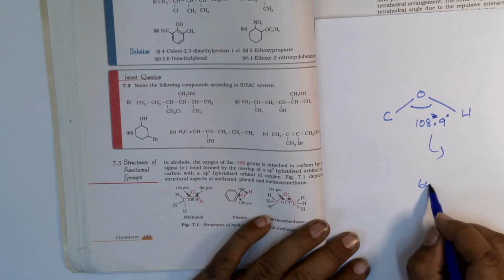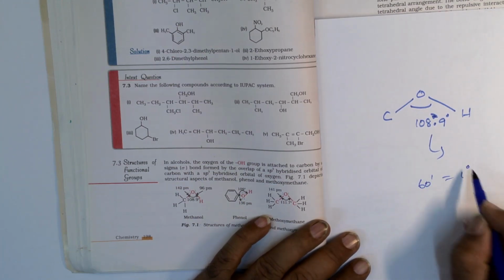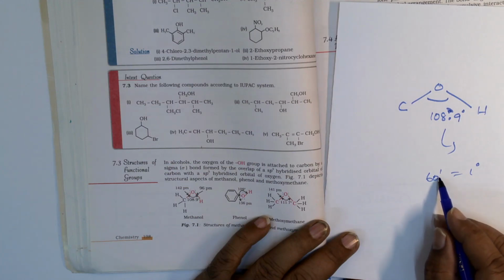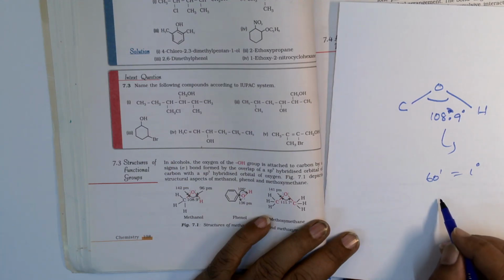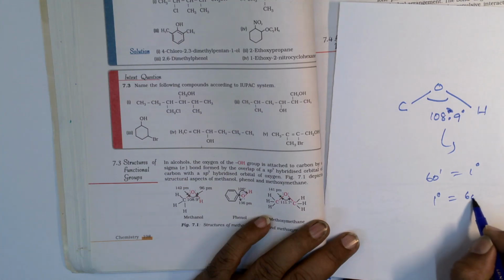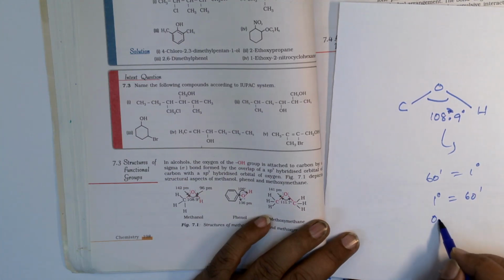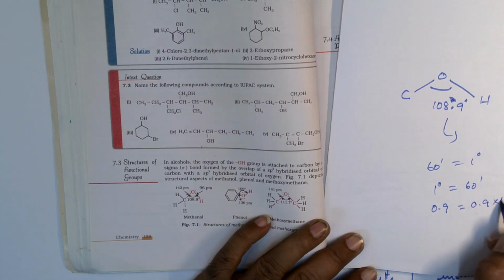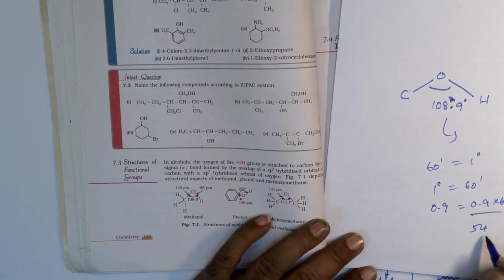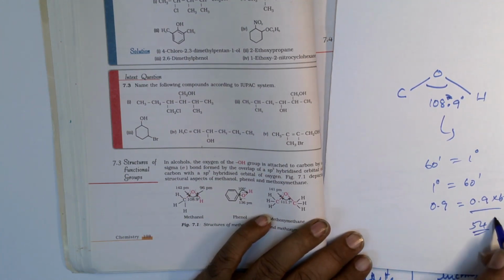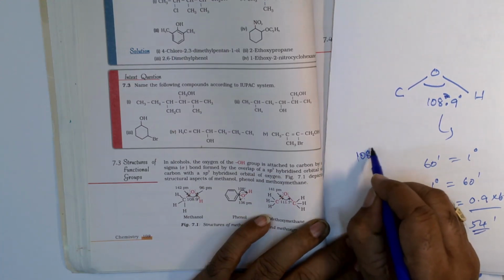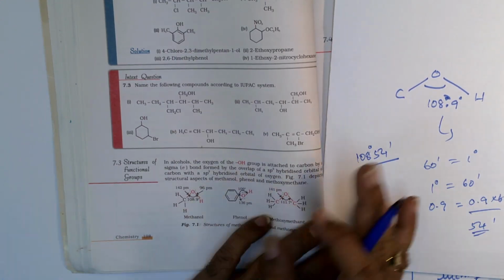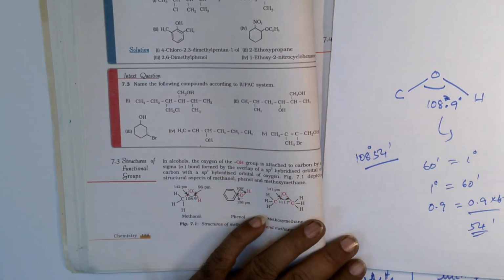You know very well that 60 minutes is equal to 1 degree. So 0.9 degree into 60 means 54 minutes. So you can call it 108 degree 54 minutes. Likewise, you can write bond angles in minutes also.